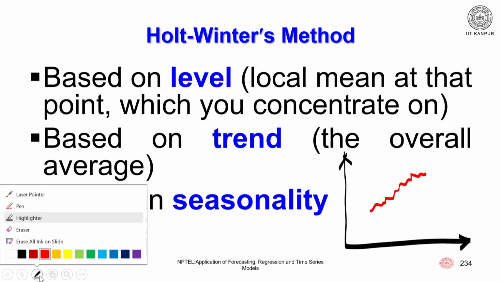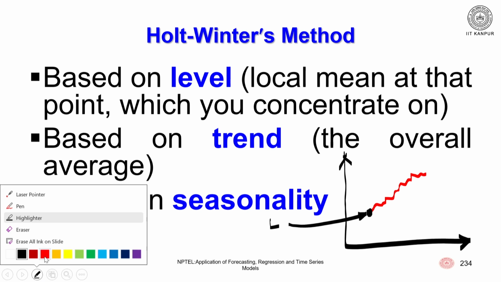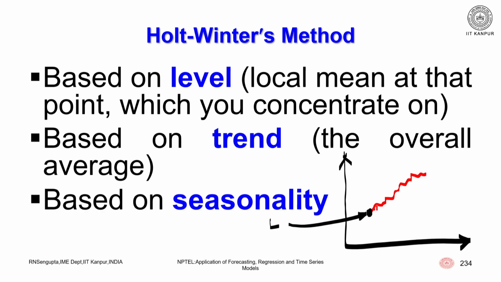This is the level. I am marking L, but level basically means where you are starting. And the idea of trend would be given by the slope of this line, which I am denoting as theta.